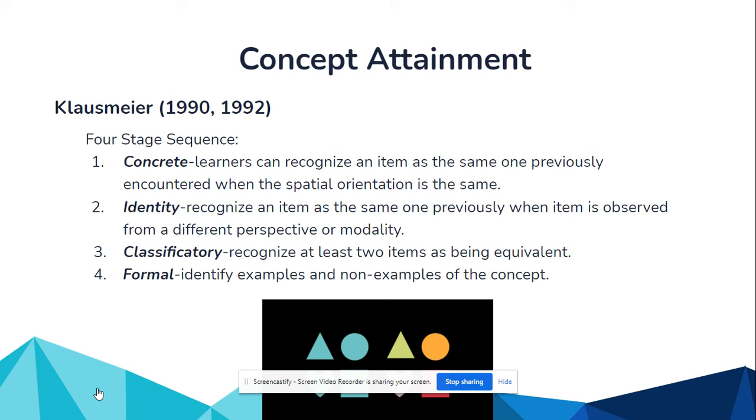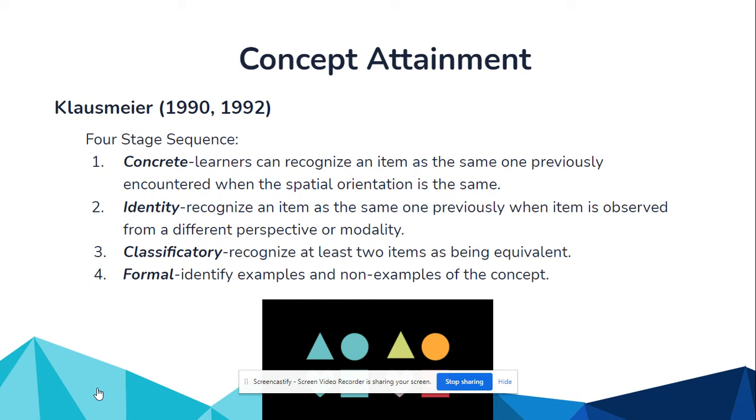So now the learner can recognize equilateral triangles from different orientations or positions. Then we have the classificatory stage, where I can recognize at least two items as being equivalent. There might be a small equilateral triangle and a large equilateral triangle, but I can tell that they are the same, even though they may be different in size.